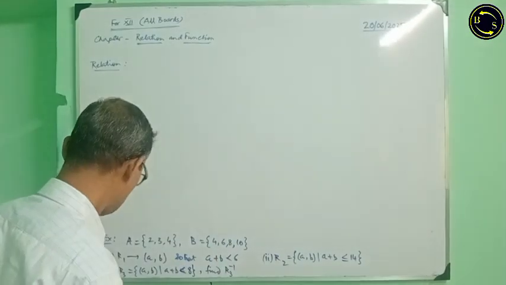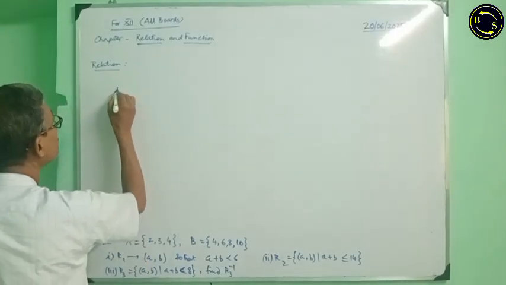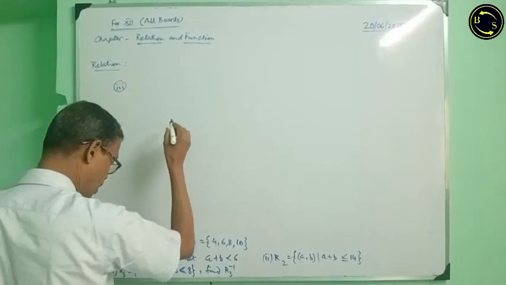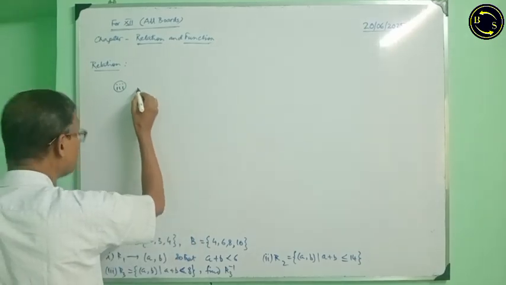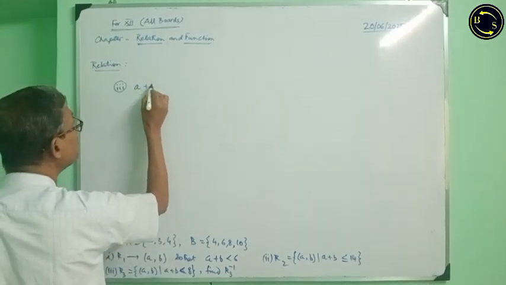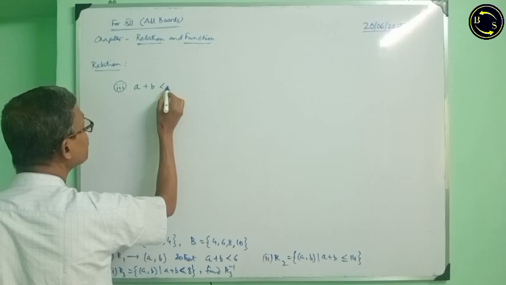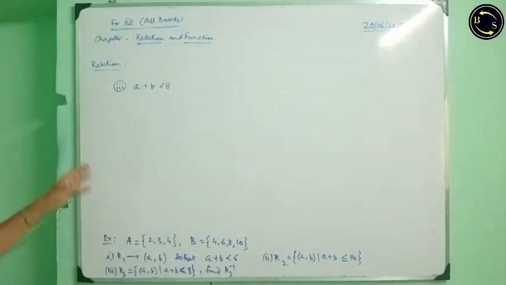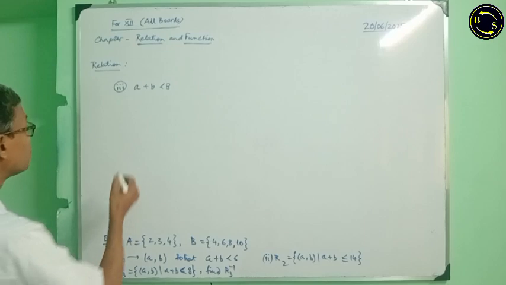Now, number 3. A plus B less than 8. Now let us first find the ordered pairs.